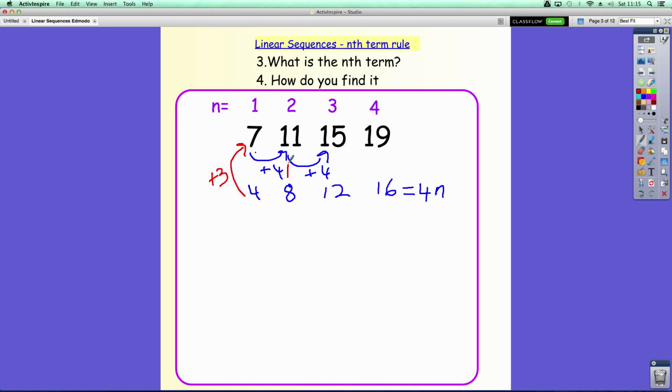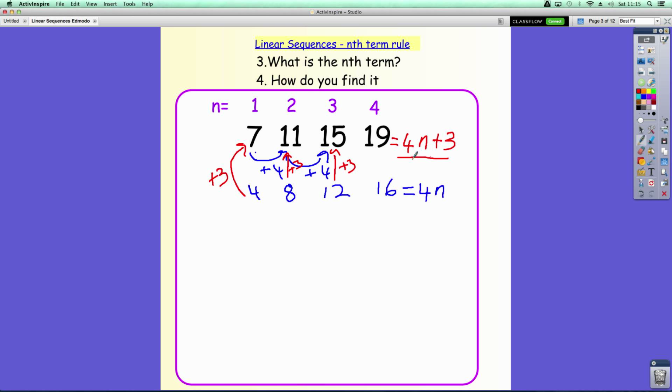So it's 8 plus 3 is 11, and then 12 plus 3 is 15, and so on. Because I know that every term in this sequence is 3 more than its equivalent in 4n, I can then call this sequence 4n plus 3.